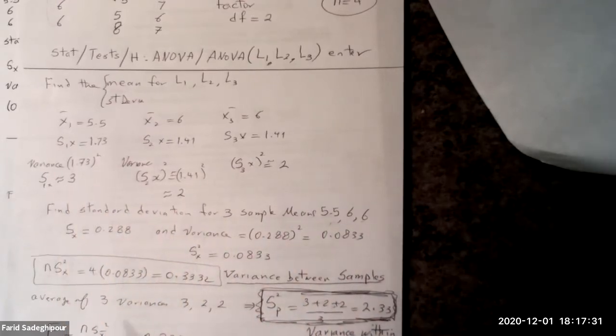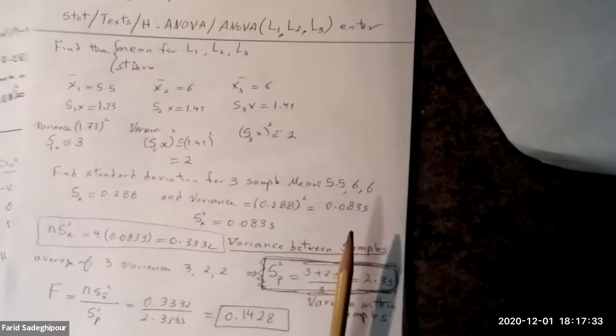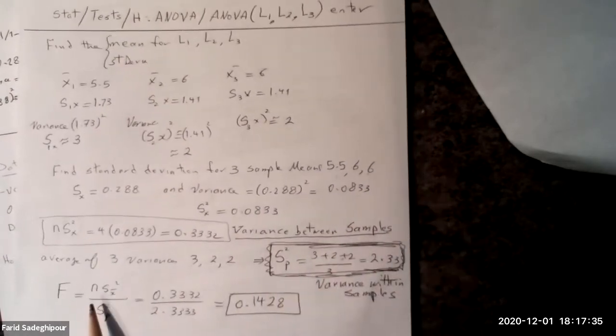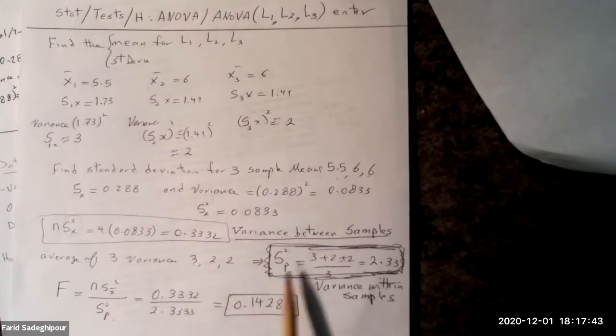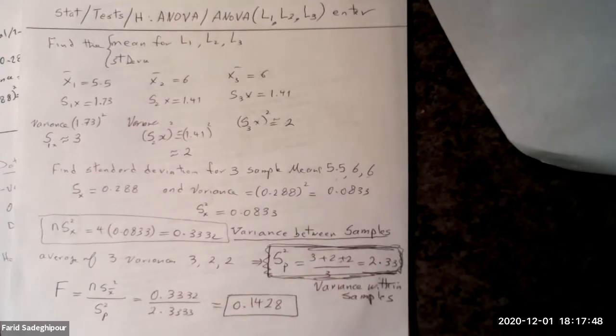Then the formula is this. F is n times the variance of the sample means, divided by the average of the variances. That would be your F value.